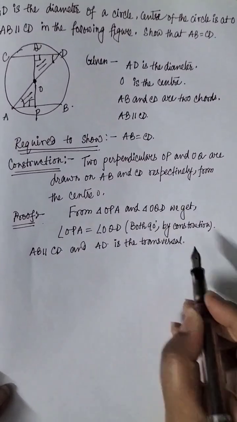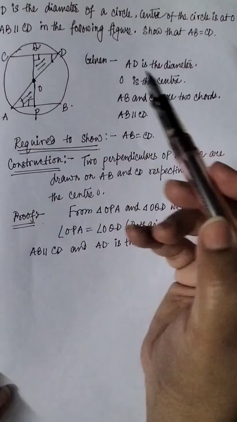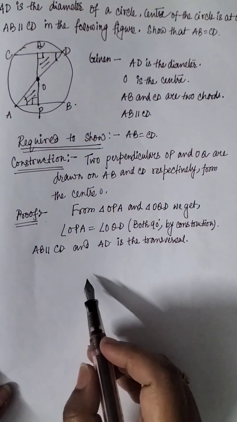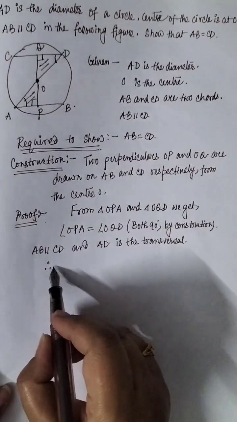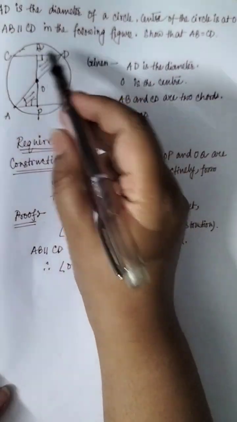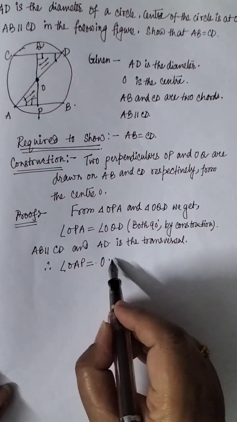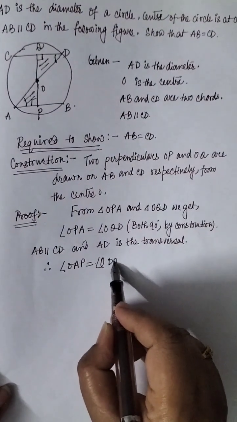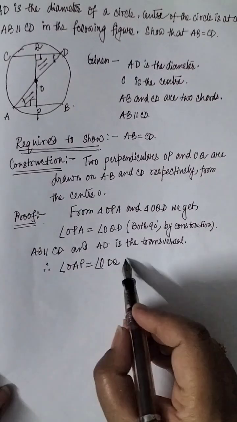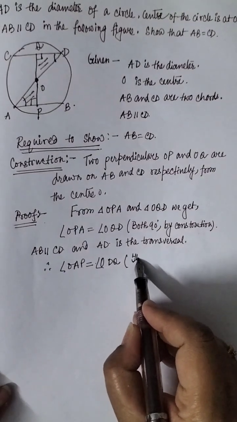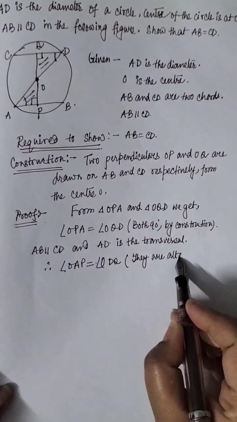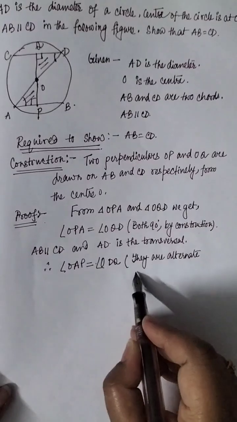So as I have already told you, angle OAP equals to angle ODQ. They are alternate interior angles.